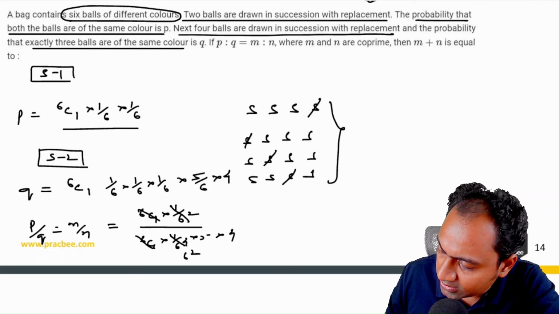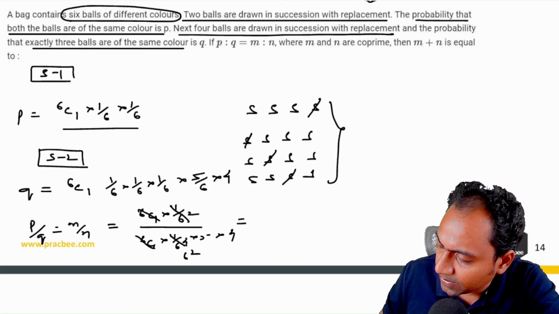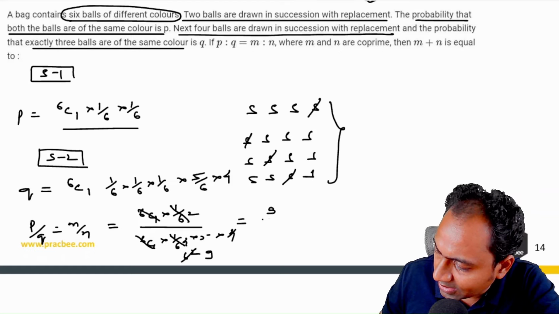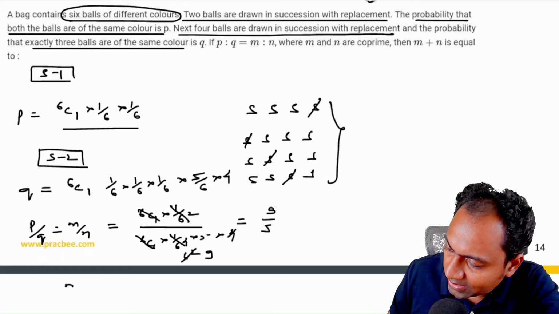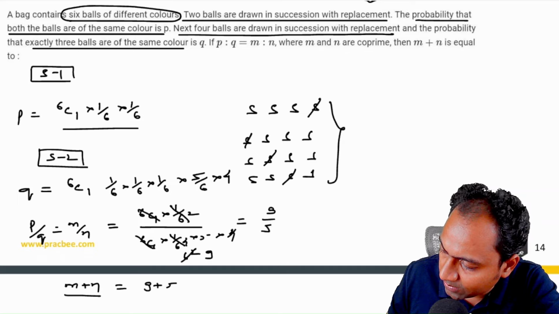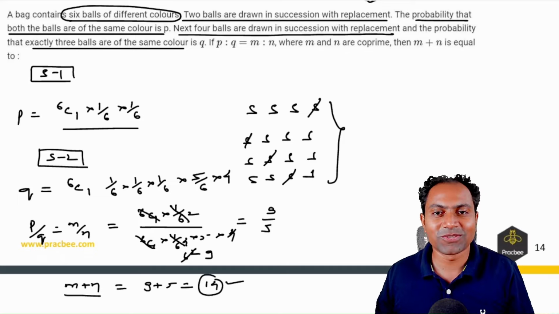This will also get cancelled out. 6 square will remain, and if I cancel out the 4, this will become 9. So what we are getting is 9 by 5. The final question is what is the value of M plus N. That comes out to be 9 plus 5, which is 14. So 14 is the answer to this question.